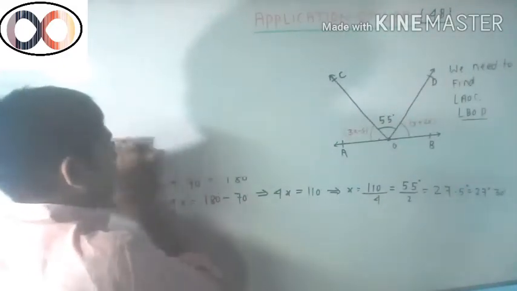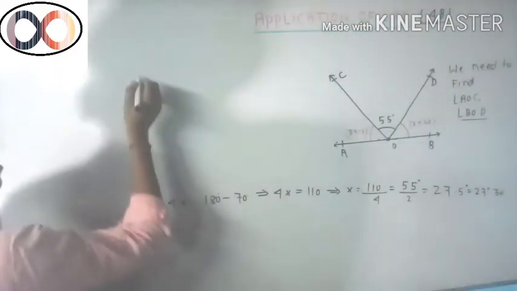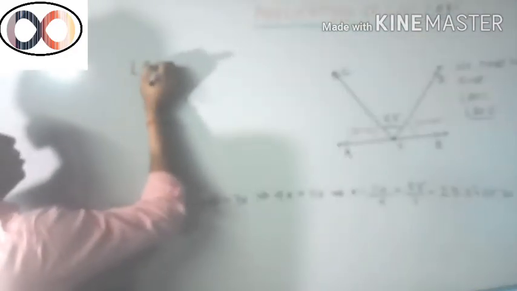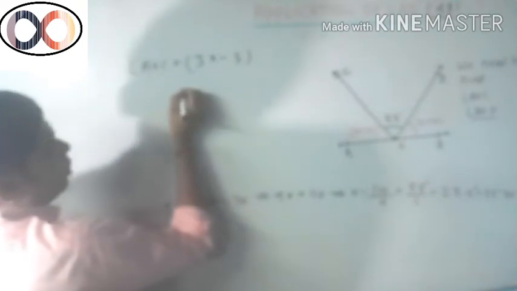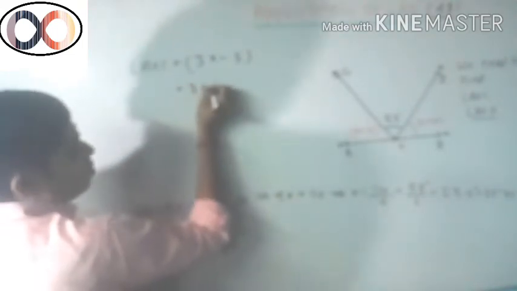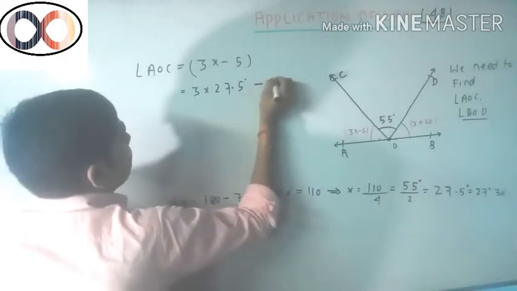So we can write here angle AOC equals to 3x minus 5 degree. So the value of x equals to 3 into 27.5 degree minus 5 degree.